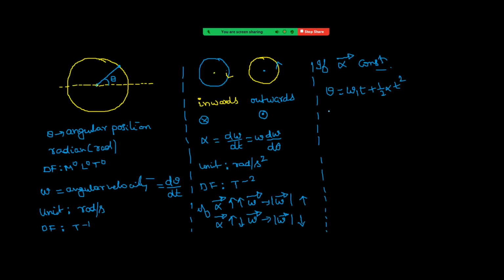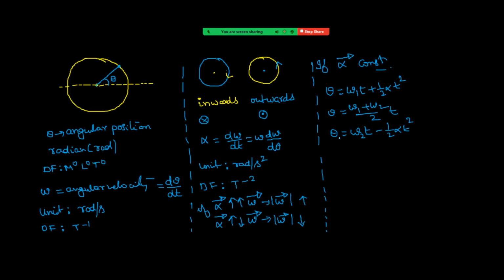Next we have written s equal to (u plus v) by 2 into t. This is (omega 1 plus omega 2) by 2 into t. Next, we have discussed one more, that is theta equal to omega 2 t minus a half alpha t square.